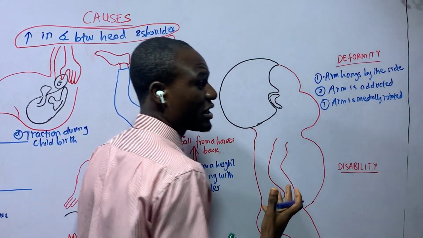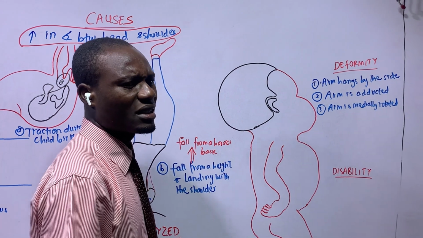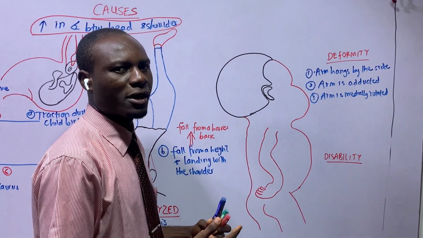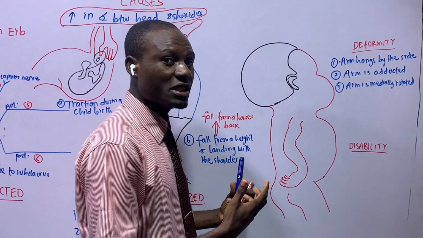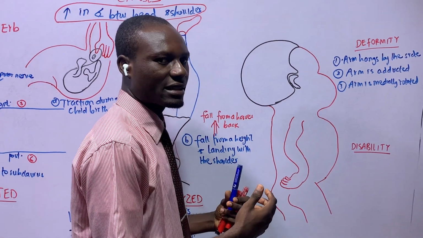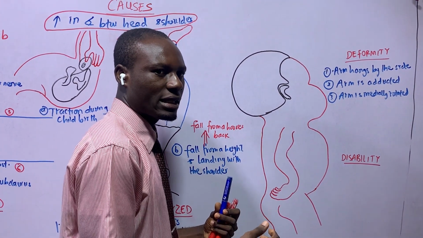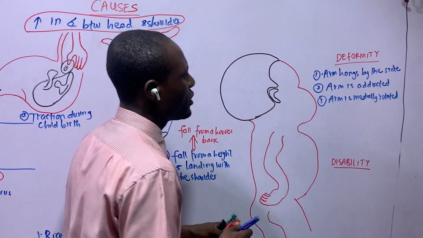So it is medially rotated because the lateral rotators, the nerves supplying the lateral rotators are affected. So it hangs by the side, okay? It is adducted and medially rotated. That is for the arm.